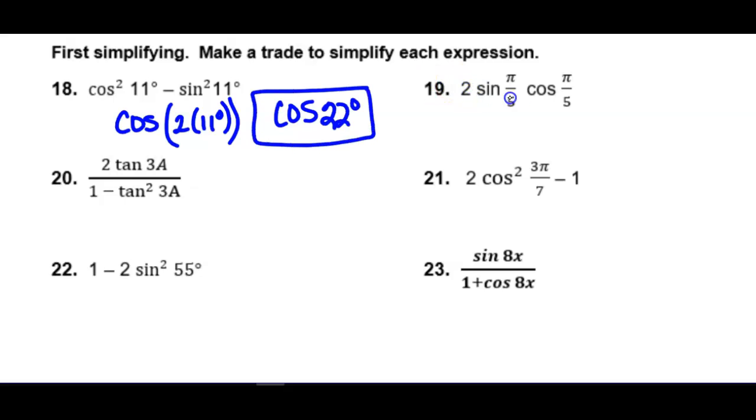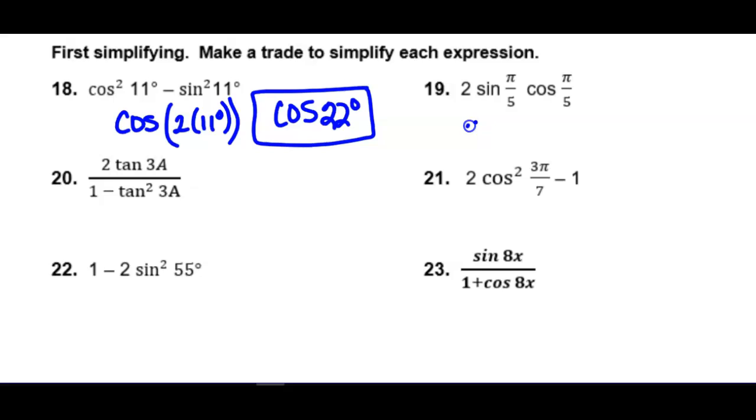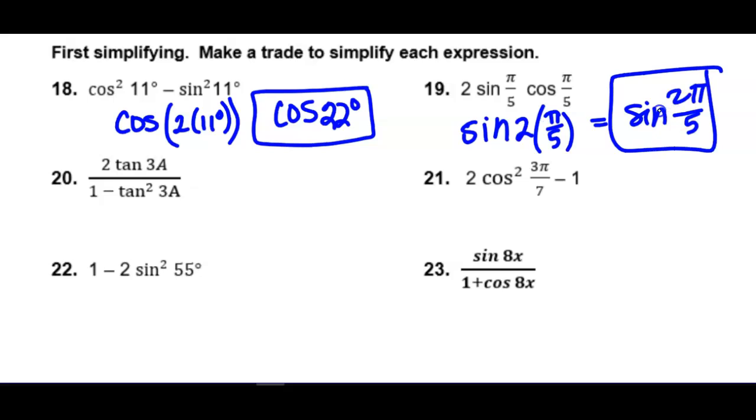This one says 2 times sine times cosine. If I go back here, 2 times sine times cosine is the sine of 2 of those angles. So this is the sine of 2 thetas, which are pi over 5s, so we get the sine of 2 pi over 5. We're just looking to trade things out from that list.